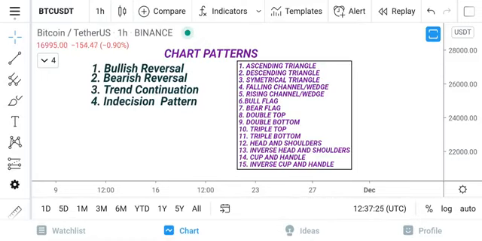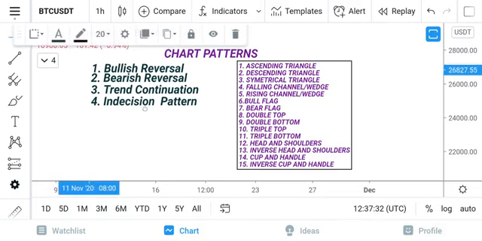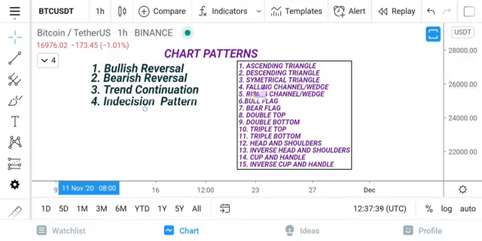So okay, now I've explained the categories of chart patterns. I said we have the bullish reversal chart pattern, bearish reversal chart pattern, trend continuation, and indecision. So for bullish reversal chart patterns, you have an ascending triangle, you have a falling channel and wedge, you have a triple bottom, and cup and handle.